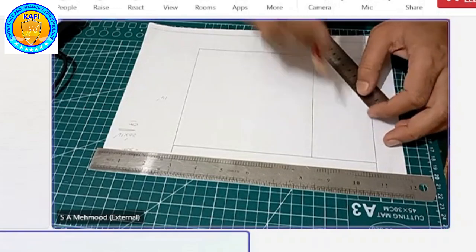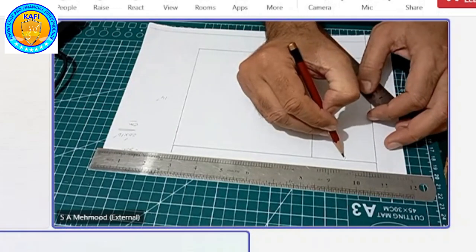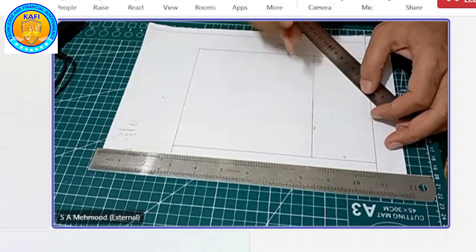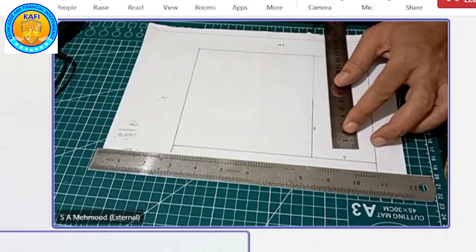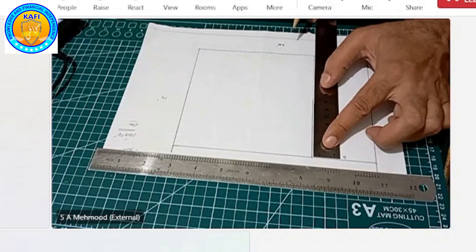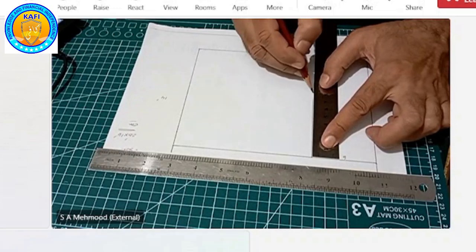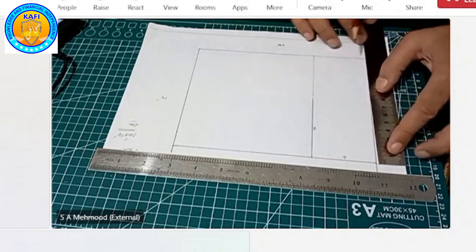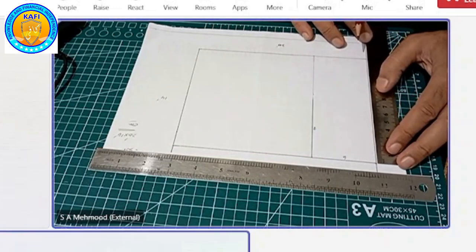We wanted 6 feet this way, and we want 8 feet, let's say, this way. Okay. So I am going to put a mark here on 8 feet. And here 8 feet again.